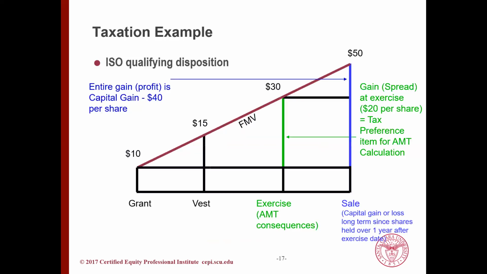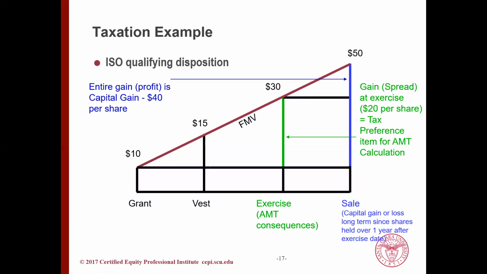Here's our table with tax consequences to be able to illustrate it in a different graphic. The grant price is $10. The price at vesting is $15, but that doesn't mean anything because there's no income at the date of vesting. When the price is $30, the shares are exercised. The gain of $30 less the $10 grant price is not taxable for ordinary income purposes, but that spread is a tax preference item for the AMT calculation for that calendar year.